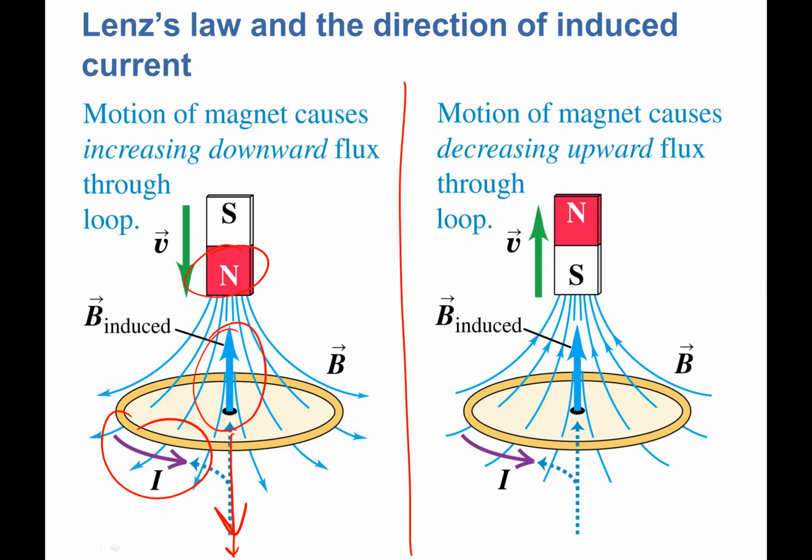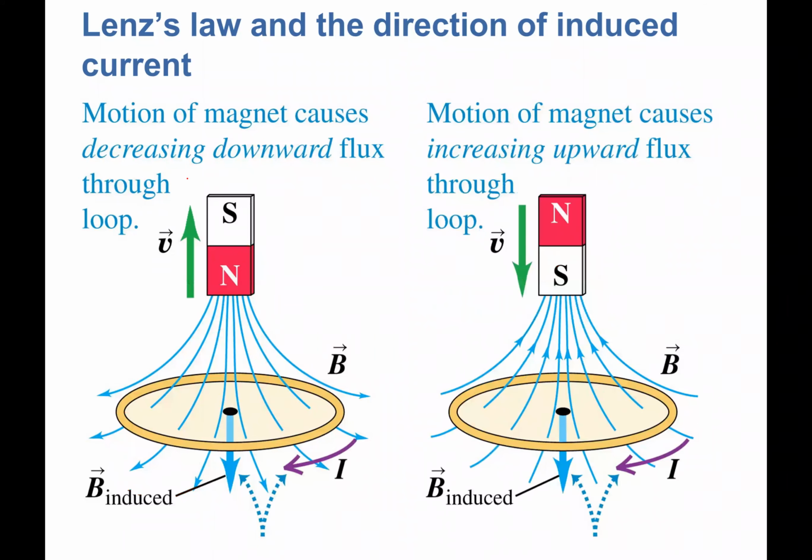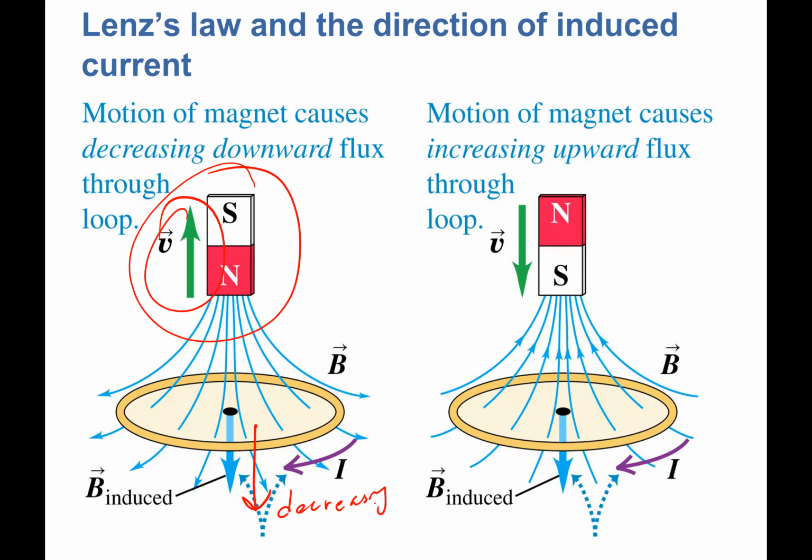So the next slide, for example, just ignore the right side. The next slide tells you, how about if the magnet, where the north is facing the loop, is moving away? Well, when it's moving away, the magnetic field it has through the loop starts decreasing. So when it's decreasing, the induced magnetic field has to be in the same direction as the external magnetic field to reinforce it.